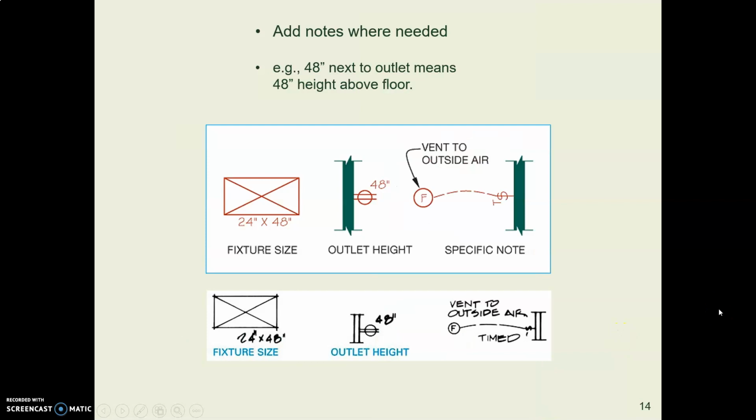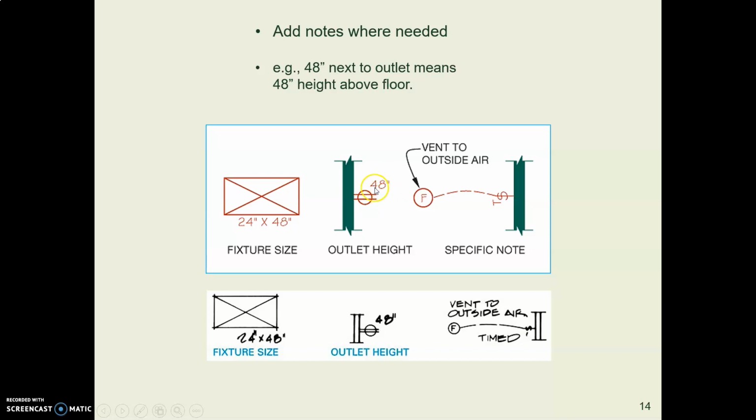And then you add notes where you need to, good old 1/8" high text when printed. And what you say in the note depends on what you're talking about. So for instance, here's a fluorescent ceiling mounted light fixture, 24 by 48. Well, obviously that's the size of the fixture. Here's a receptacle that says 48.